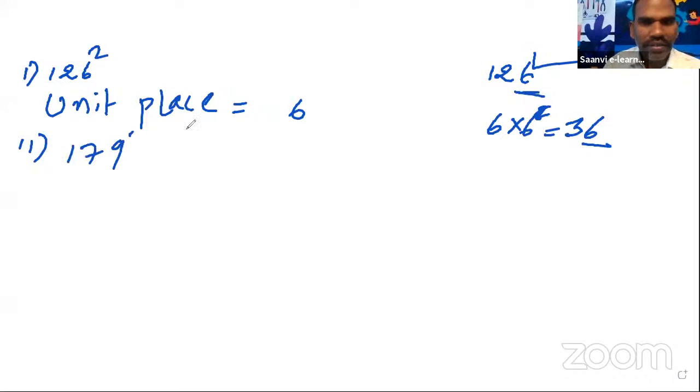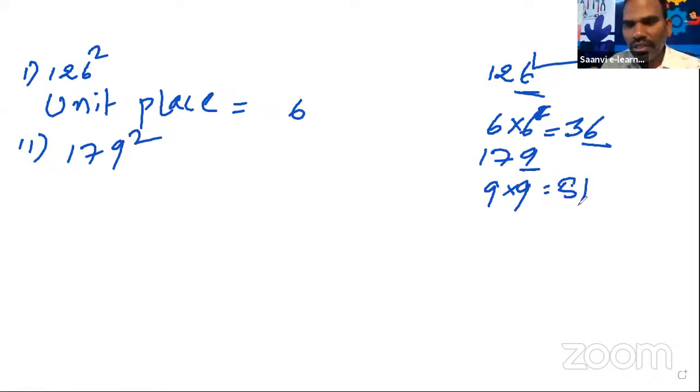Next, second one, 179 square. What is the unit place in 179? 9. Okay, 9 into 9, how much? 81. So the unit place is 1.